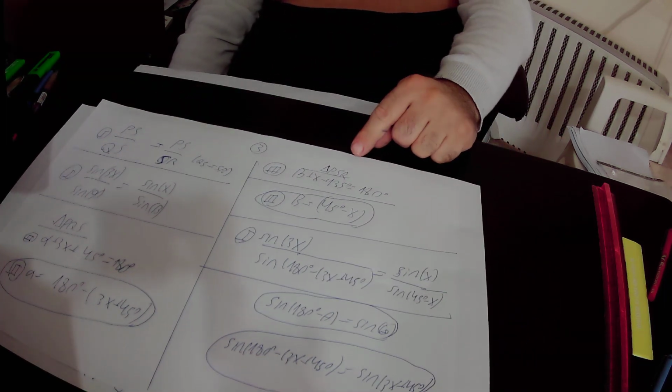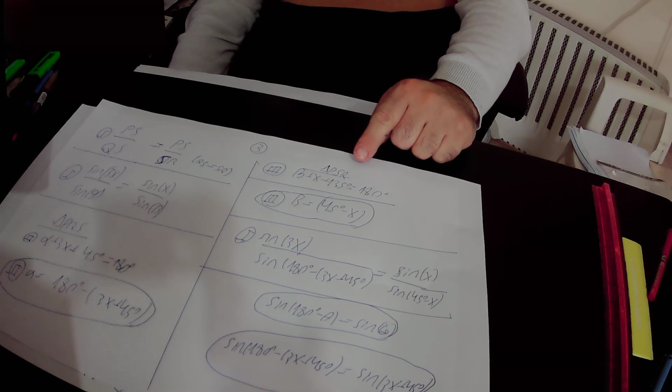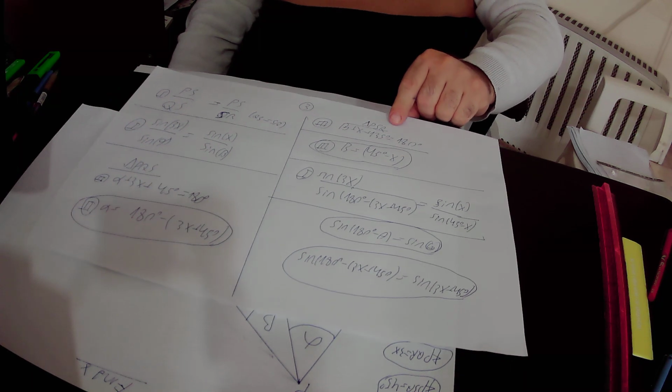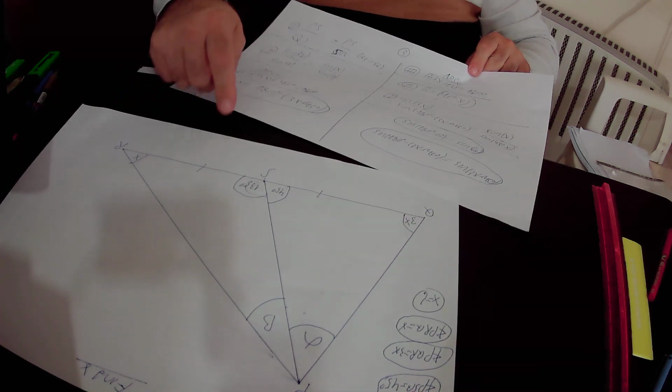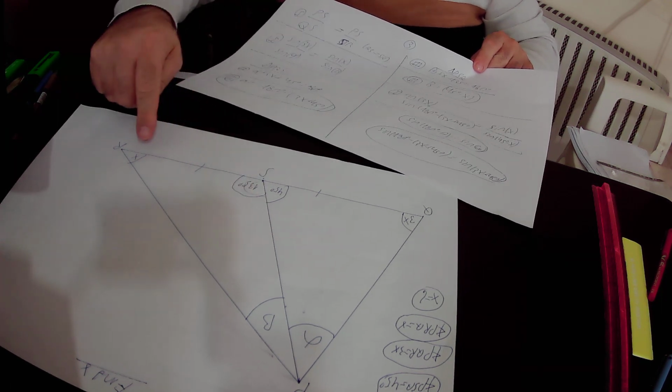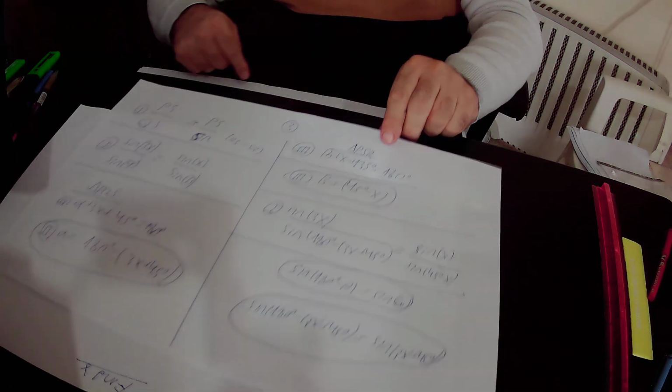Likewise, in triangle PSR, the sum of the angles is equal to 180 degrees. So that is to say, angle beta plus 135 degrees plus angle x must be equal to 180 degrees.